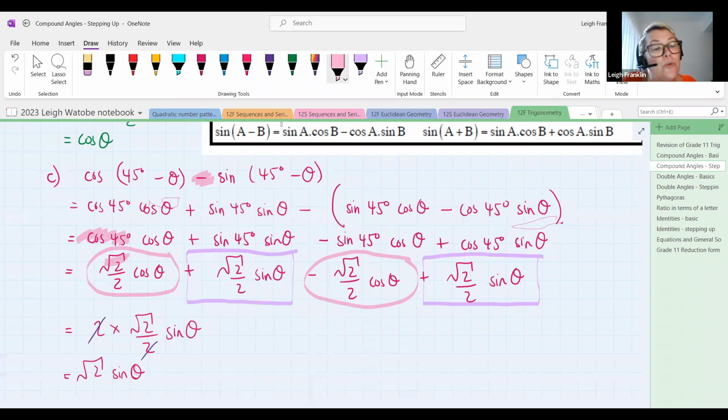That's where the root 2 over 2 comes from. In the second term, sine 45, special angle, that's where that root 2 over 2 comes from. The sine 45 over here, that's where that root 2 over 2 comes from. And it's the same thing in this last term over there. That cos 45 was written as root 2 over 2.